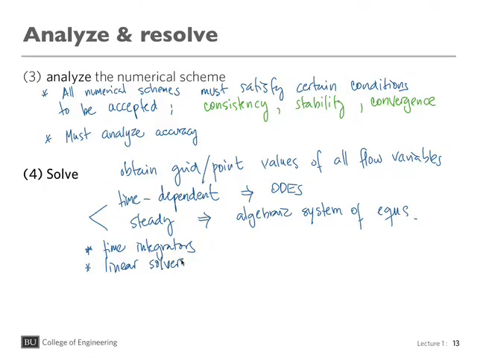So these are all the things that we need in CFD. We need to understand the model, understand the assumptions of the model, appropriate to our target application. Once we have the model, we need to choose a numerical scheme, a discretization method.